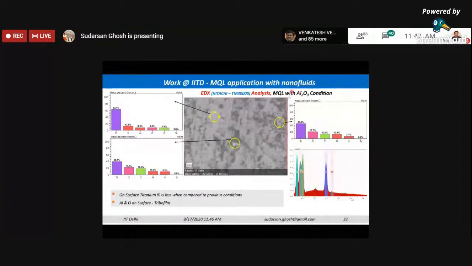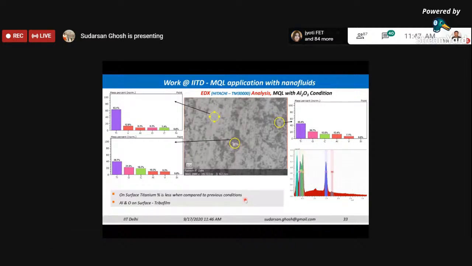Now when it comes to aluminum oxide, the clear evidence of aluminum and oxygen on the surface proves that tribofilm has been formed. And also the titanium percentage is less on the surface because you have the aluminum and oxygen tribofilm. That is the reason, because the EDAX can only take up to a particular thickness. Beyond that thickness, if some material is inside, that cannot be captured by the EDAX process.